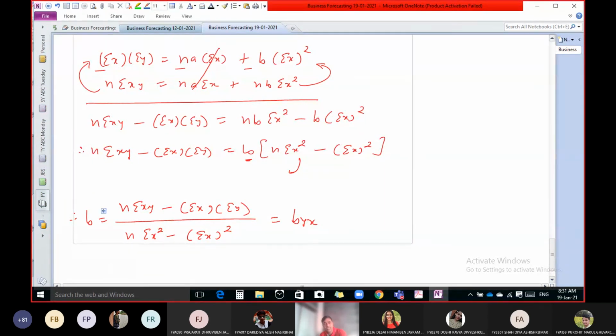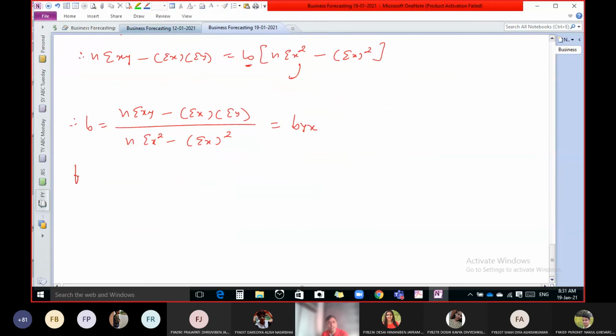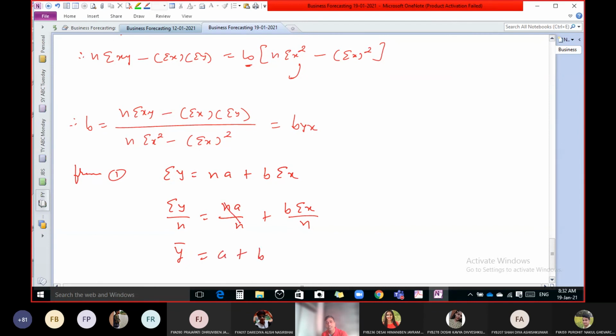Even see our first equation: sigma y equal to na plus b sigma x. Now divide each term by n. Sigma y upon n is nothing but y bar, equal to, if we cancel n, we get a, and keep b as it is, and sigma x upon n you get x bar.